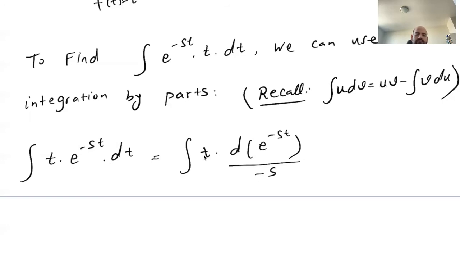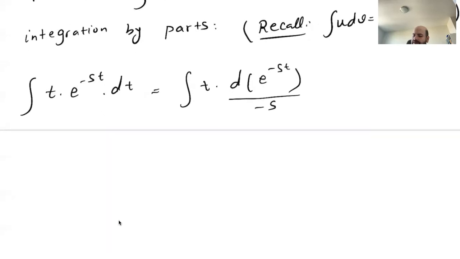So this is now in the form u dv. Well, this is a constant. I can take the constant out of the integral, but what will be left inside is the integral of u dv. Now, how can I write the integral of u dv? I can write it as uv minus the integral of v du.